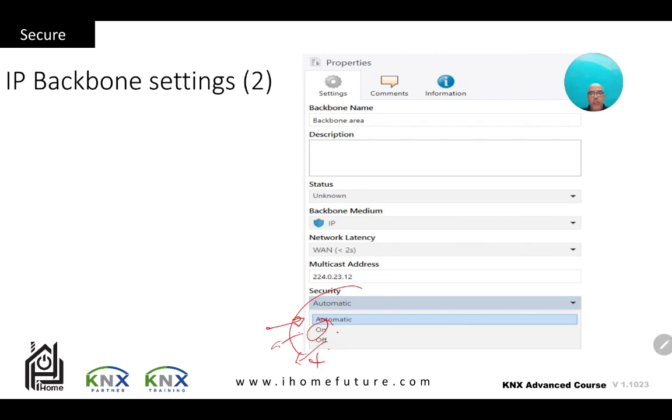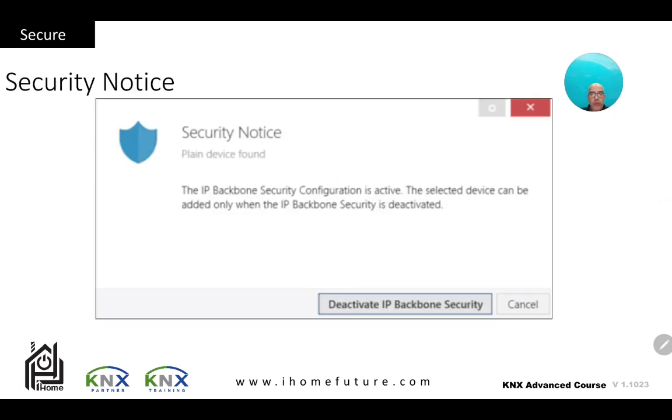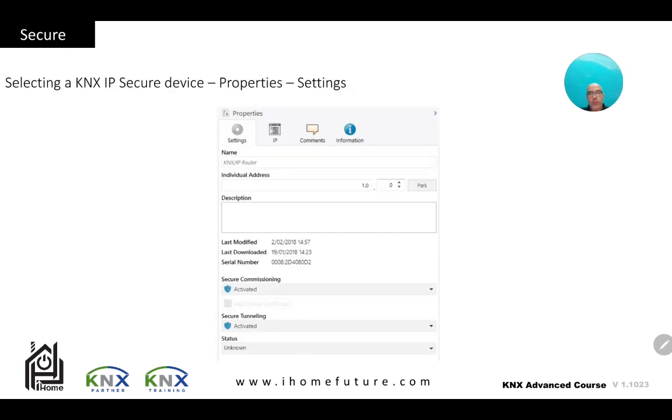If off, then I will not use it. Same methodology. You can see here it's an auto one, so if one of them is not active in the security, then the whole IP backbone will not be secured, like off.